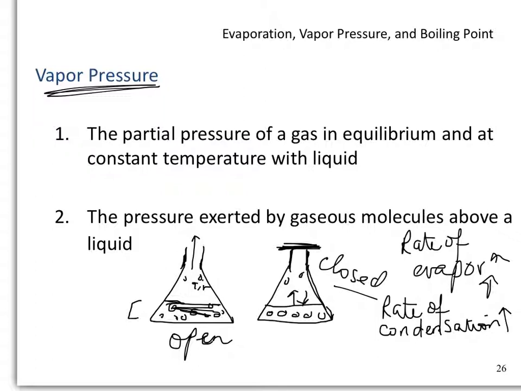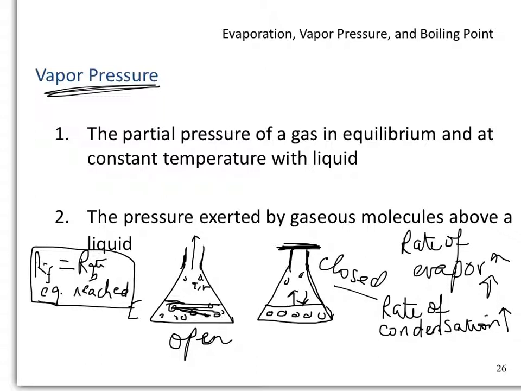If we are not changing the temperature, the rate of evaporation will be constant, and eventually the rate of condensation and the rate of evaporation would be equal, and at that point you would say that a dynamic equilibrium has been reached. If the rate of the forward reaction, evaporation, is equal to the rate of the backward reaction, condensation, equilibrium has been reached. That's a pretty important point to note.